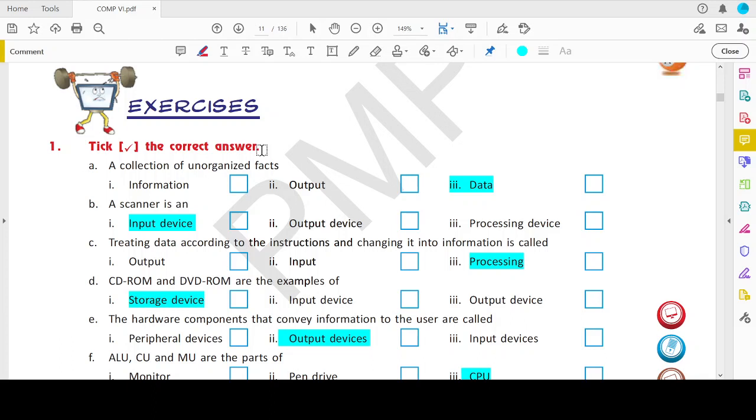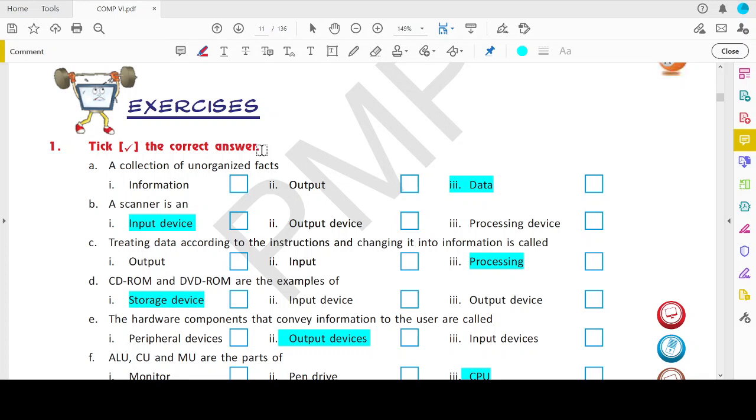answers, right? A collection of unorganized facts is called information, output, or data. A collection of unorganized facts is called data. Why? We know that organized facts are organized in a certain way and they are meaningful, so they are information, they are no more data.